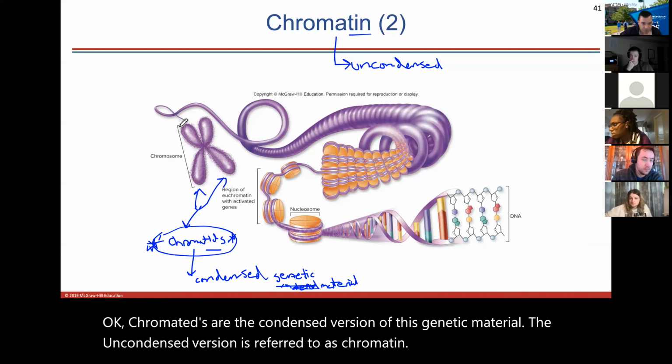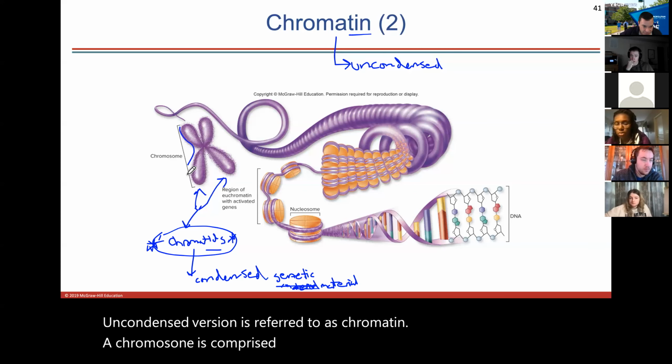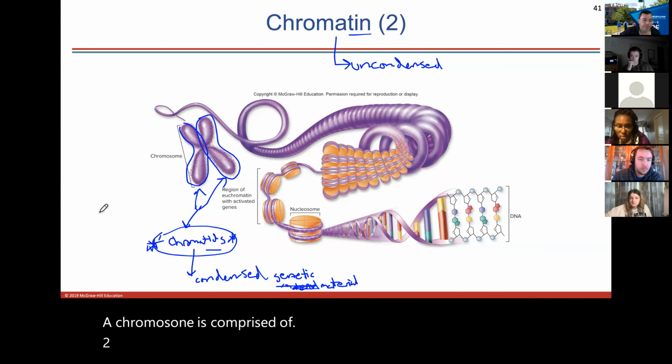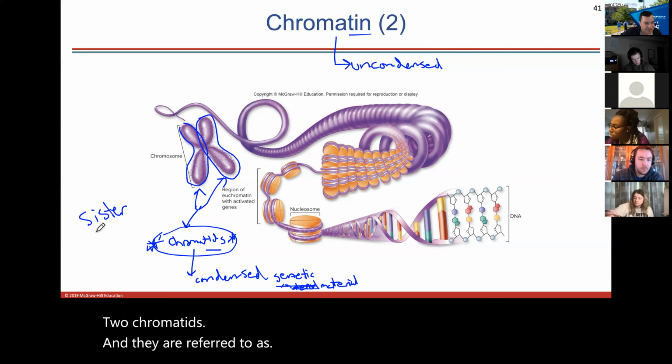A chromosome is comprised of 2 chromatids, and they're referred to as sister chromatids.